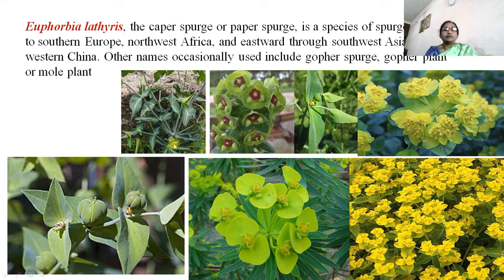The leaves of these plants are like Lathyrus, meaning lakhori, or grass-like leaves, and that's why it is Euphorbia lathyris. It is also a caper spurge species, native to Europe and Northeast Africa. Then in Asia it is also found, as well as in our country.